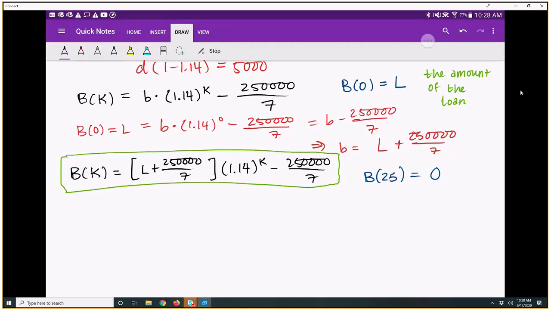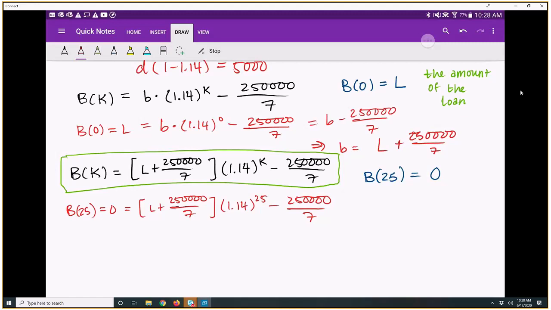So I'm going to say b of 25 is equal to 0. And that's equal to L plus 250,000 over 7 times 1.14 to the power 25 minus 250,000 over 7.